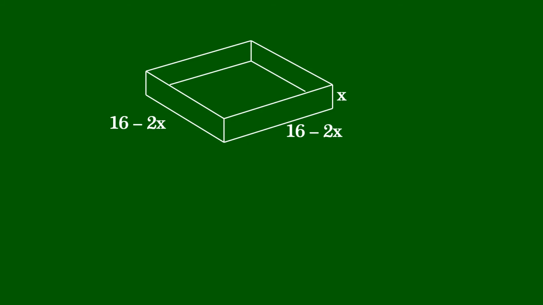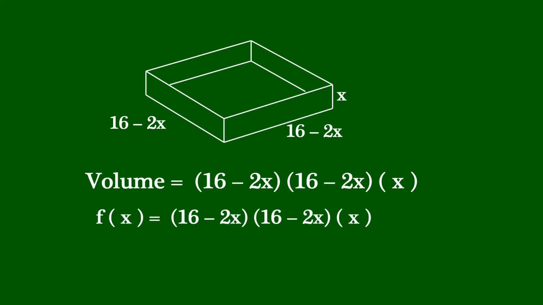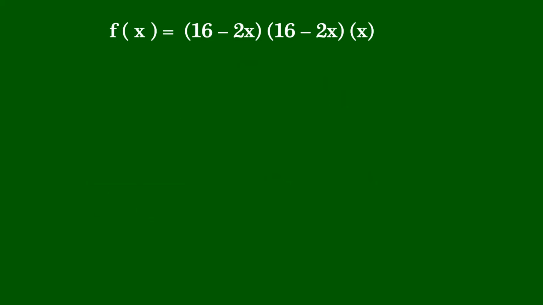If you are going to find the volume of this figure, you have to say 16 minus 2x times another 16 minus 2x times the height of x. This is now our f of x. This is the function that we are going to work on. I hope you remember how to multiply two terms by another two terms.